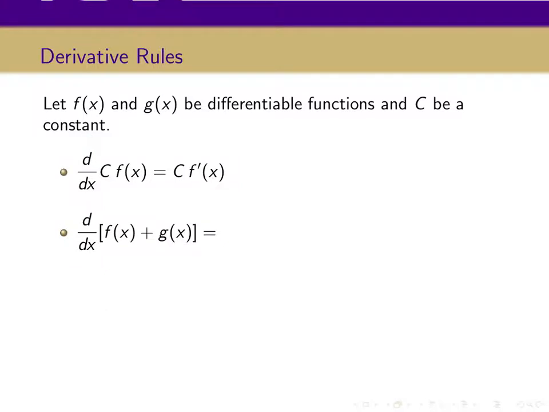What if we're adding f and g together and then taking the derivative? So actually, let's use h for this one. Let's get used to that. h goes to 0.